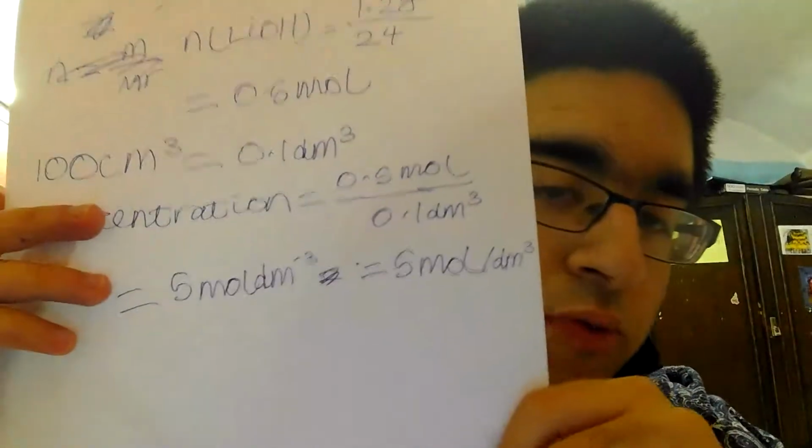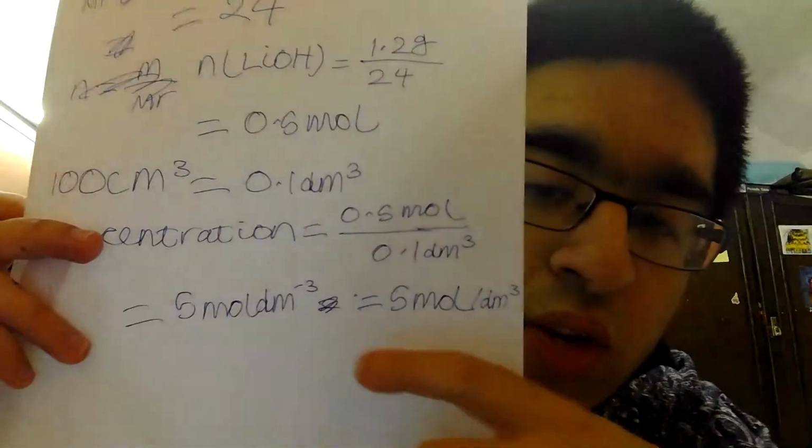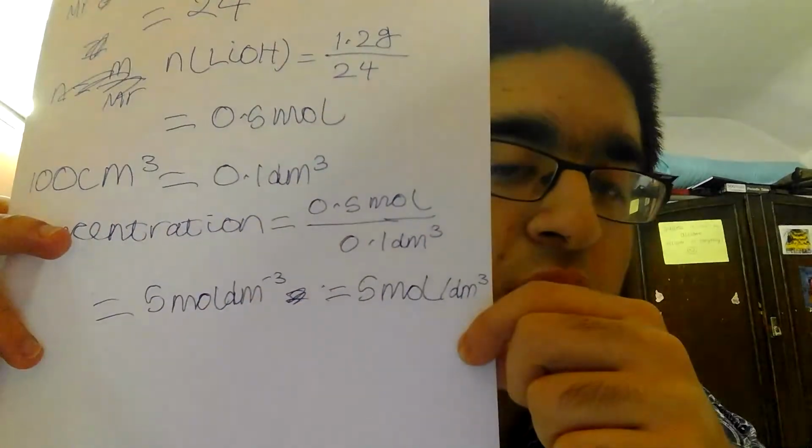You could write it as 5 mole dm to the minus 3, or you could write it as 5 mole per dm cubed. It really doesn't matter. But essentially they're the same thing, mole dm to the minus 3 and mole per dm cubed are the same thing.